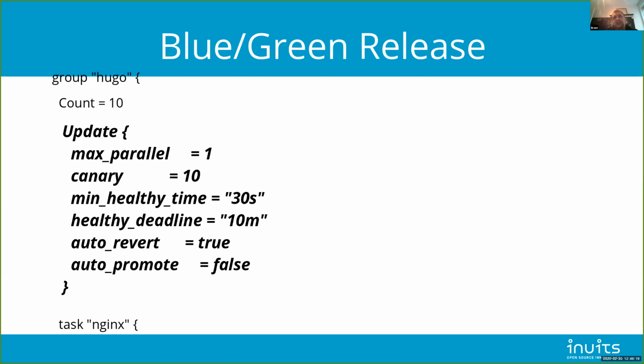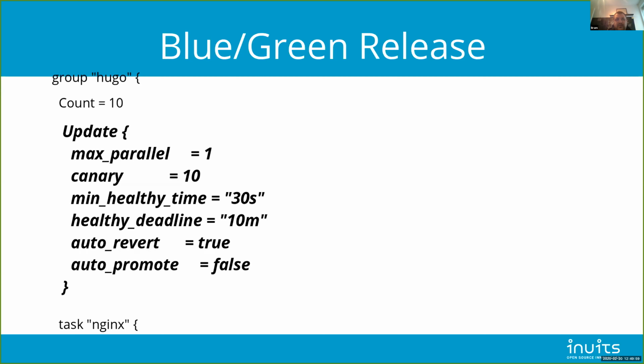And that nicely leads us to blue-green releases and eventually Canary releases. So we can tweak our settings a bit more. In my case, I'll say now I want 1 in parallel, and I need to wait for all 10 to be healthy before you switch over. In blue-green releases, as we know, there are multiple versions online, but there's only one active version. And by setting Canary equal to the same number as we defined for count, we make sure Nomad waits for all 10 to be online before switching over.